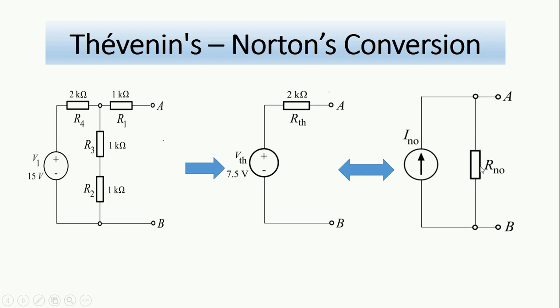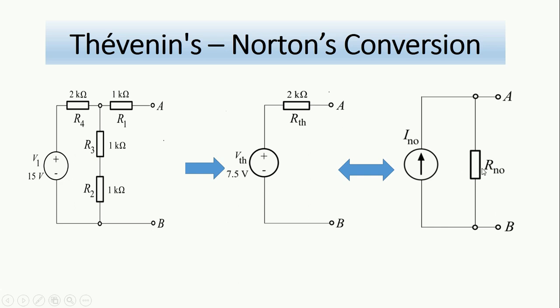For the ideal current source, if this is infinity or open circuit, this means that the whole current will go to our load. This means that the voltage across our load is determined only by the load. So here the current is only determined by our load in case this is 0, and here the current is determined only by our load in case this is infinity or open circuit.